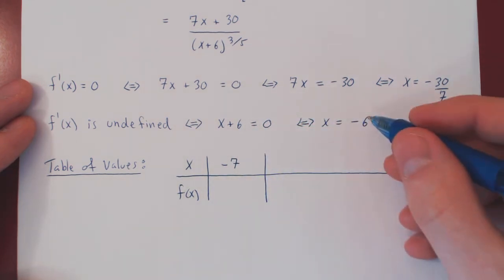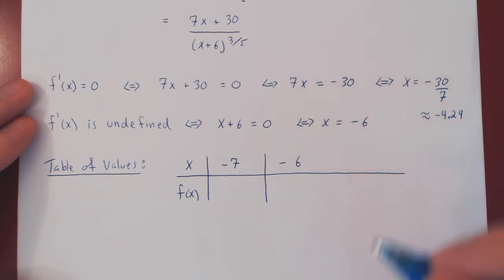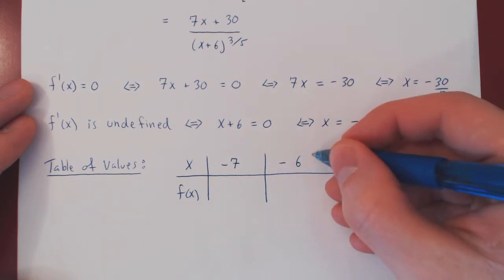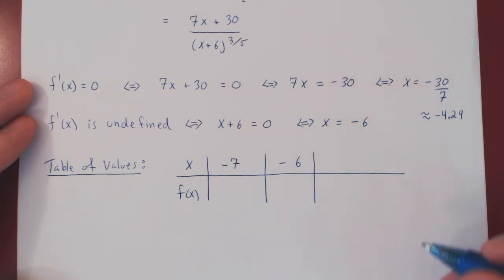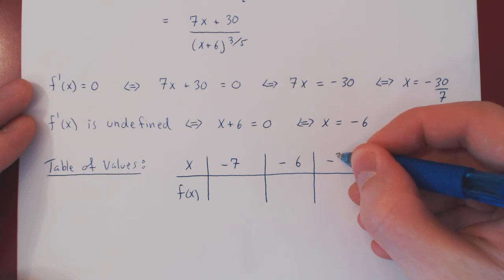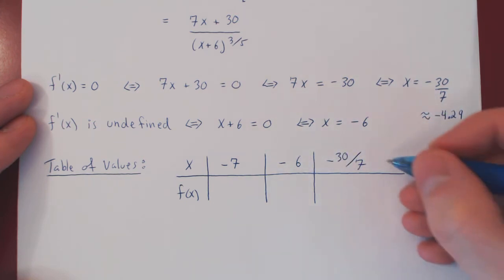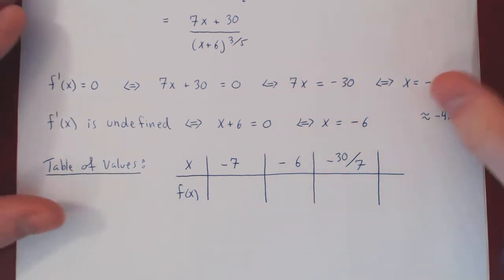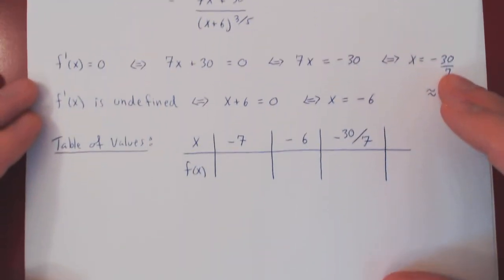The next value would be negative 6, our critical point where the derivative is undefined. Our next point is the other critical point, negative 30 over 7. And finally, the last point is the right-hand point of our interval, negative 1.